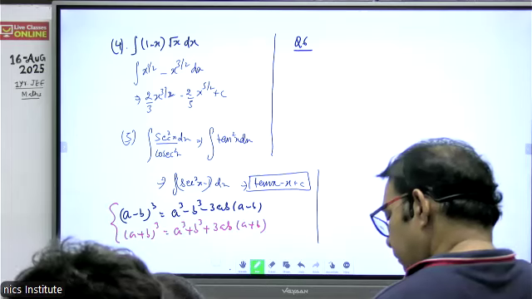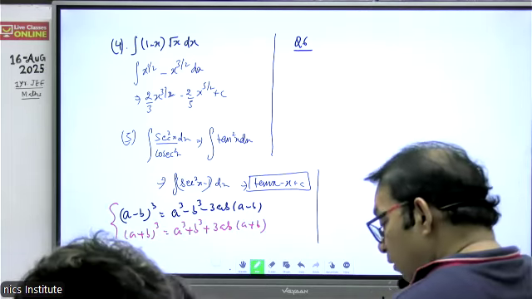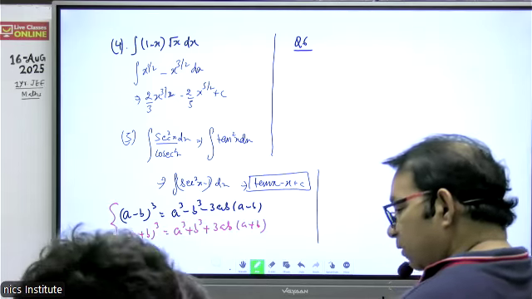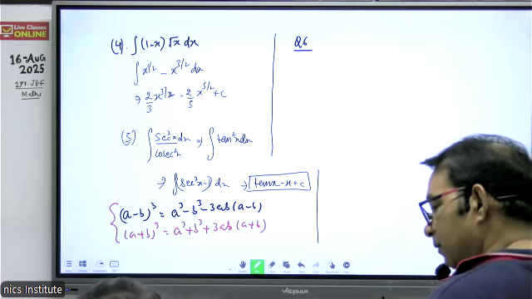Sec square x. Cos square x. How can you split cos and cos? You're dividing it.